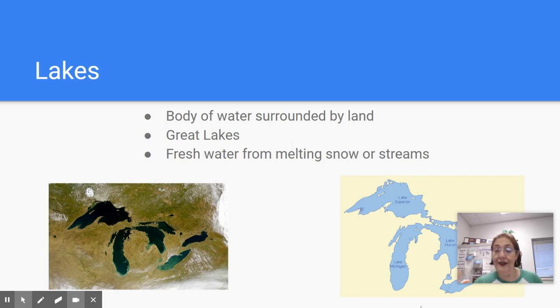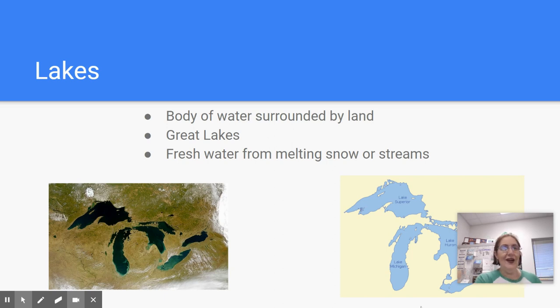And then if you're in Canada, you are probably going to be closer to Lake Ontario. Lake Huron is going to be really close to the eastern part of Michigan, so Michigan's kind of shaped like a glove. And then Lake Erie is near Pennsylvania. I have been to all 5 of the Great Lakes.